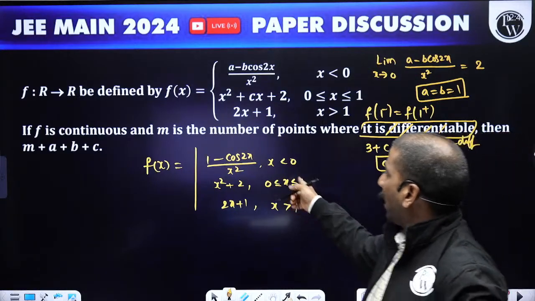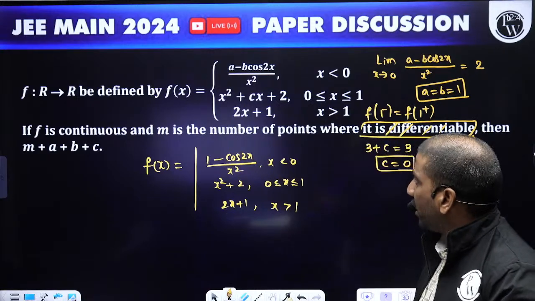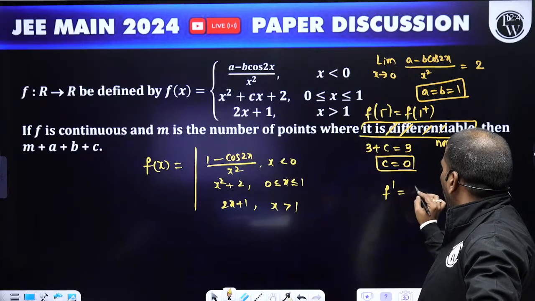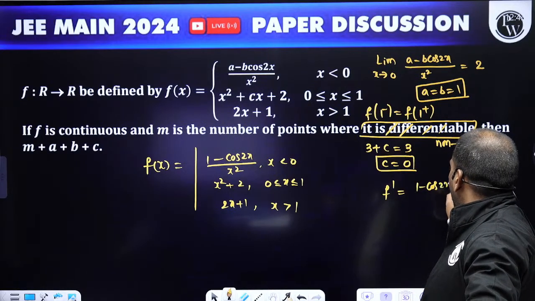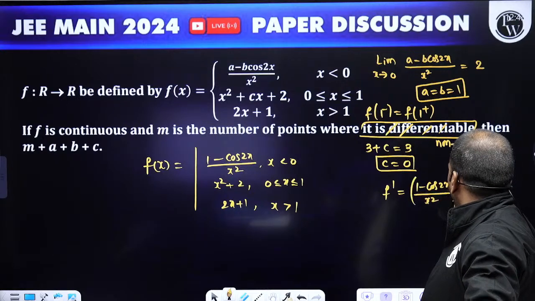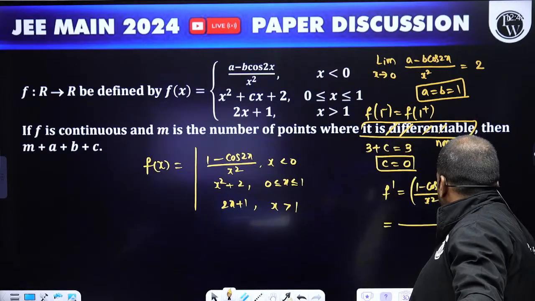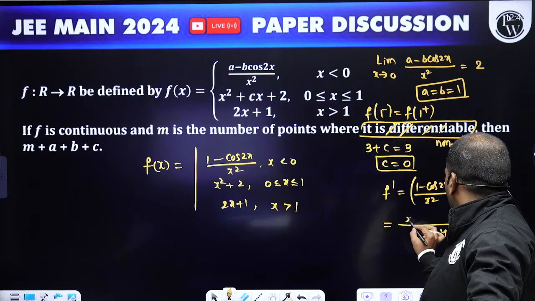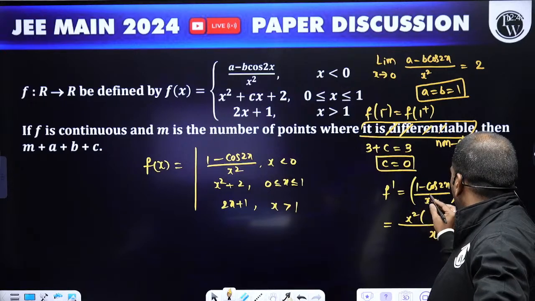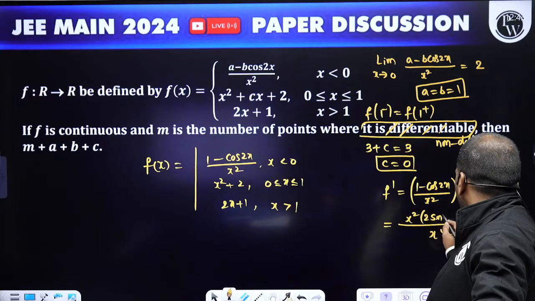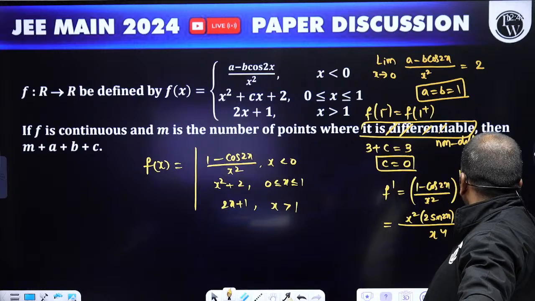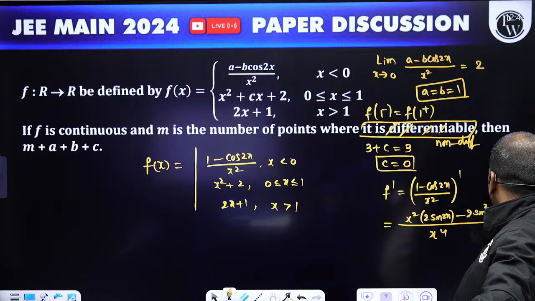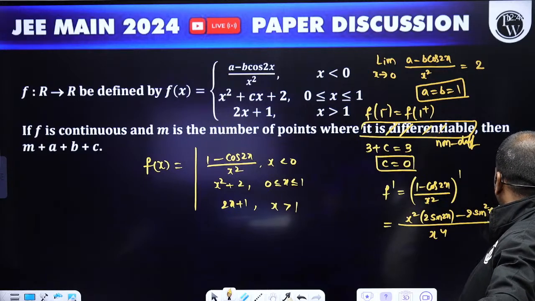Non-differentiable points. So at 0, we need to find the differentiability. So for that, 1 minus cos 2x by x square, what is the derivative of this? So that's what we need to find. So this is x power 4, applying the UV rule, x square into the derivative here, sin 2x, right, minus 1 minus cos 2x, that is 2 sin square x, and the derivative of x square is 2x.